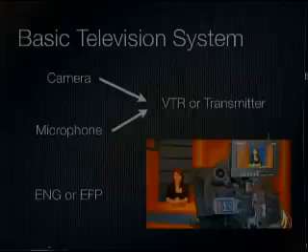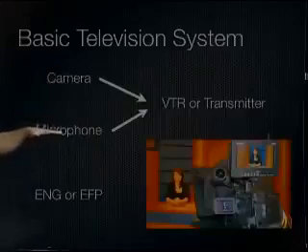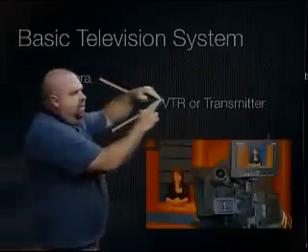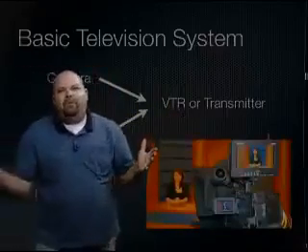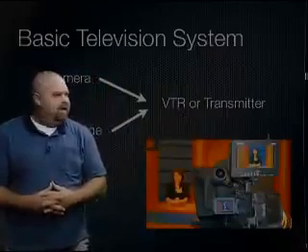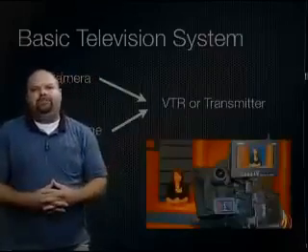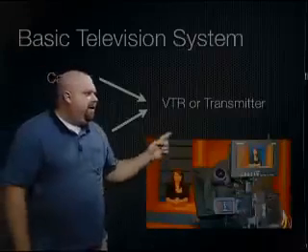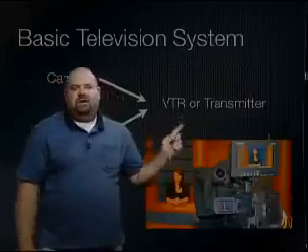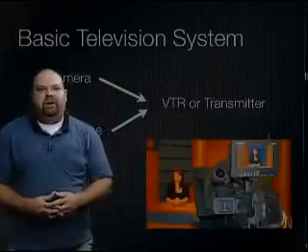Now, in a basic television system, you're going to have the element of the video coming from the camera and the element of audio being fed into either a VTR or a transmitter. Here we go, more vocabulary. Dave, what's a VTR? VTR stands for videotape recorder. And I'll tell you what, you are going to see acronyms all the time in television production.